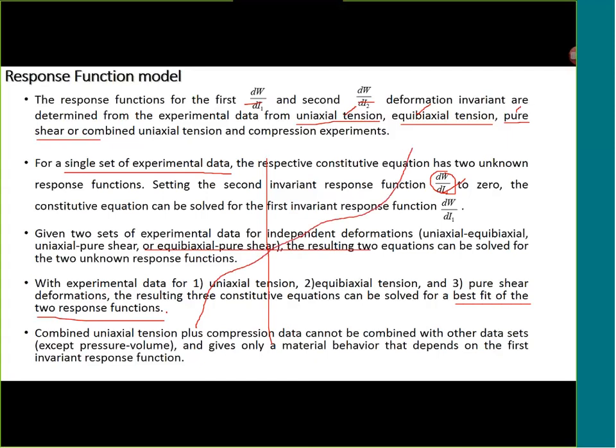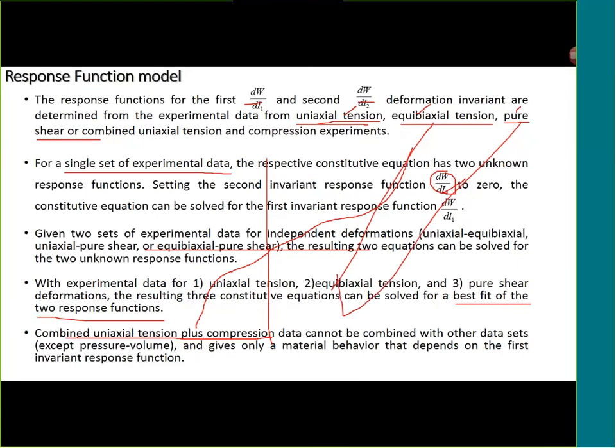Also, the response function model can be used to model both combined tension and compression curves in a single test data. For all other material models that we have seen so far, the uniaxial tension and uniaxial compression have to be supplied as two different test data. For the response function model, we can combine both uniaxial tension plus compression in a single test data. If we are using that particular test data, we cannot combine this with either biaxial tension or pure shear.